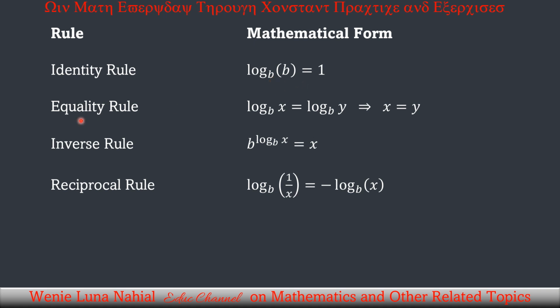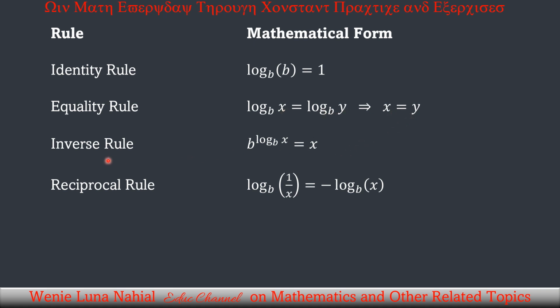Then the equality rule, the logarithm of x to the base b equals the logarithm of y to the base b. So in this given equation, the bases on both sides are the same. So this implies that the arguments on both sides of the equation are equal.